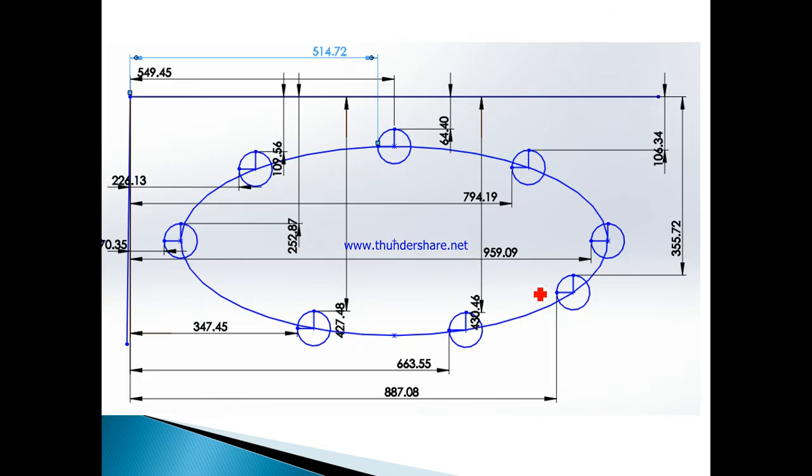Now take one simple example. Say this is a shaft. Due to some reason, we will understand it later, the center of this shaft is moving.